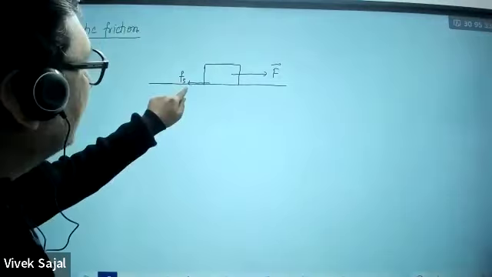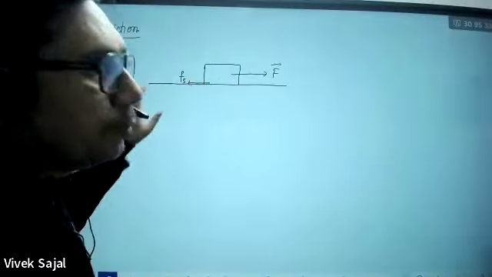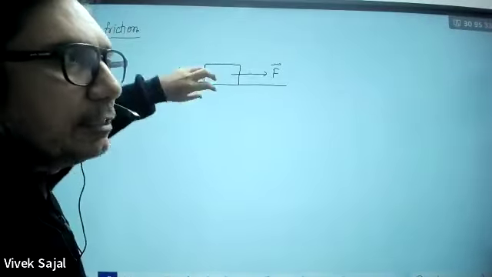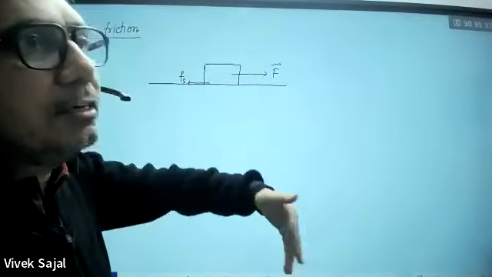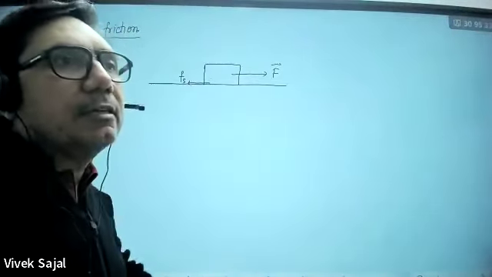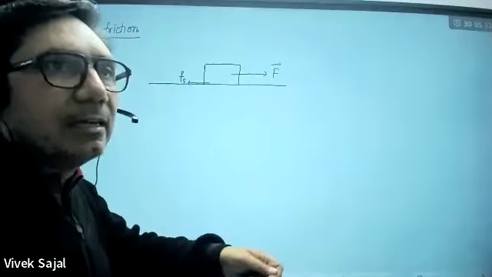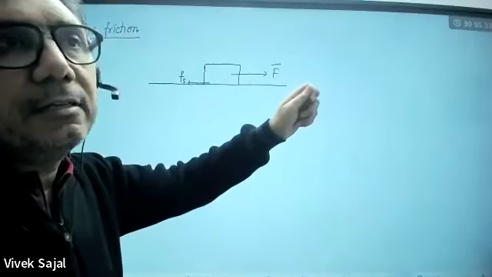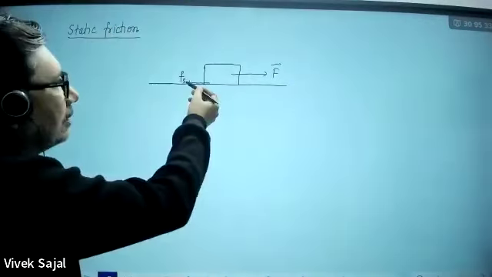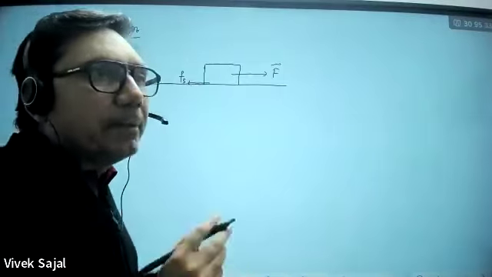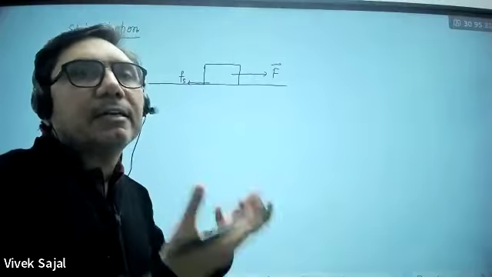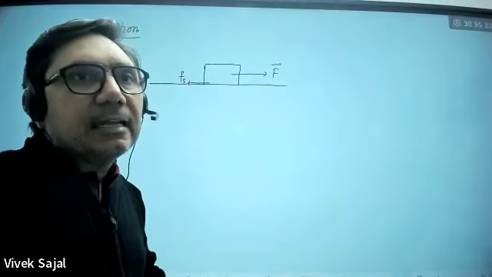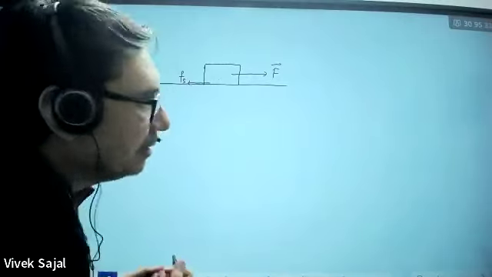This friction force opposes the expected motion. Relative motion is not taking place, but it was expected because a force is applied on it. So this friction force comes into the picture so that the expected motion cannot take place.